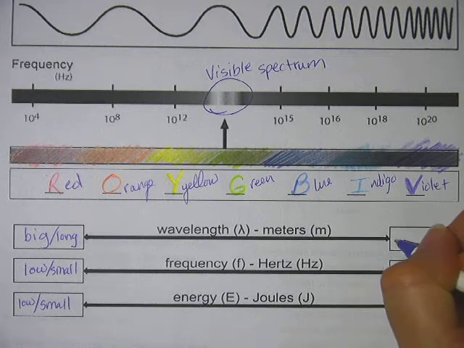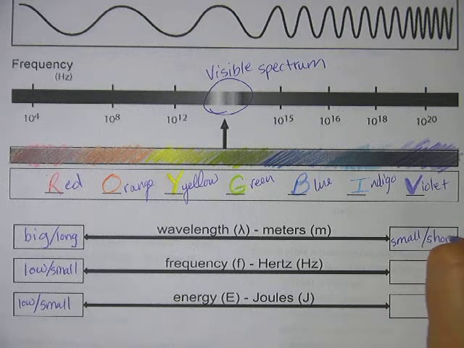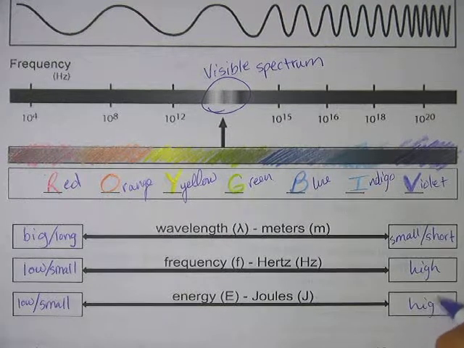Whereas the smaller, you could say short wavelengths are on the right, and the high frequency and high energy are on the right.